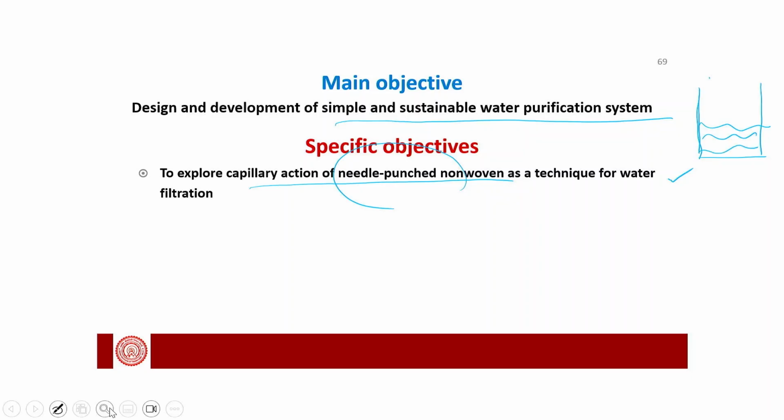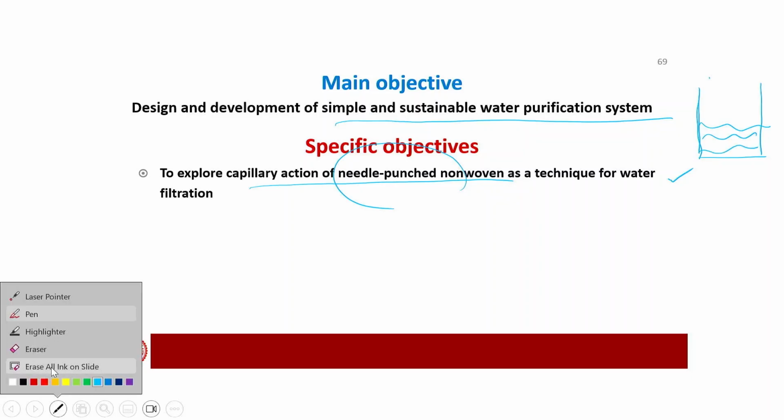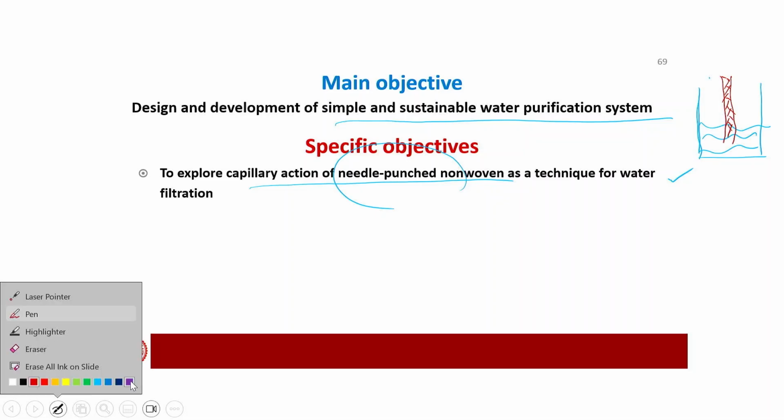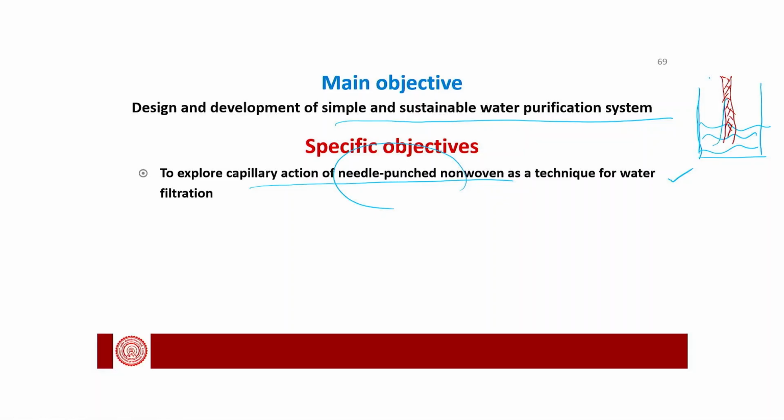Now, if we dip any fibrous material, say a fibrous nonwoven fabric, due to the capillary force, it will draw the water against the gravity, and then this water is collected in another container.